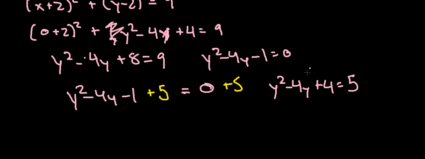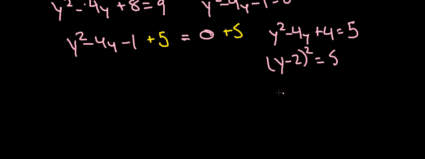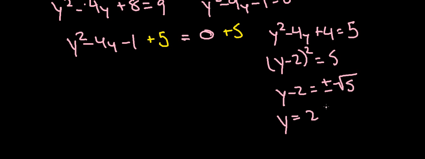So again, this looks very familiar. The only difference is that this is a minus 4. So if we want to factor this, this is going to be y minus 2 squared is equal to 5. And again, we're going to take the square root. So y minus 2 is equal to plus or minus the square root of 5. So our y-intercepts are going to be 2 plus or minus the square root of 5.